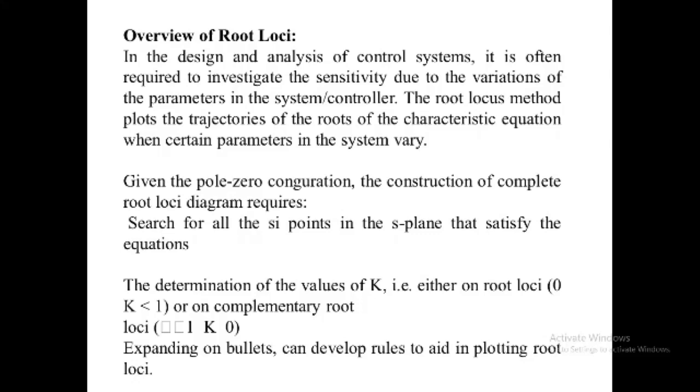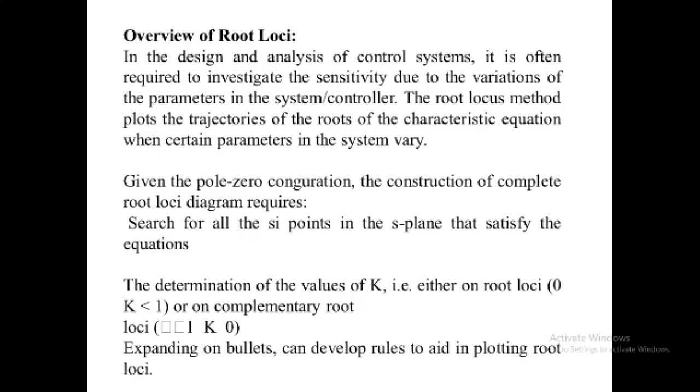Here, the root depending on a particular value of the system parameter can then be located on the root locus, or the value of the parameter for a desired root location can be determined from the locus. It is a powerful technique, as an approximate root locus sketch can be made quickly and the designer can visualize the effect of varying the system parameter on root location or vice versa.